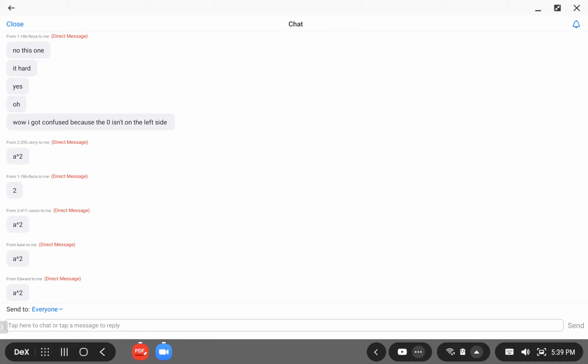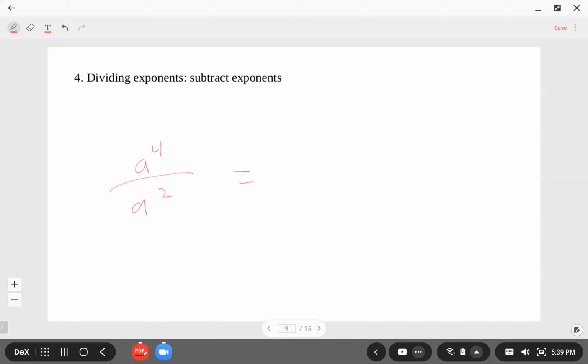Very good. A to the second power. You guys are doing very well. Now that was pretty straightforward, and this is also pretty straightforward. But our sixth property might need a bit of explaining, and there's a formula for that as well. So make sure you take notes during these properties.